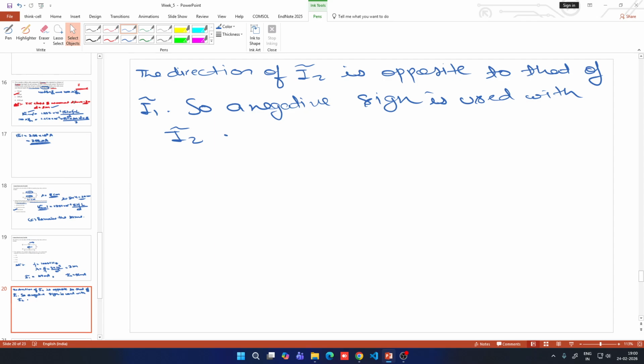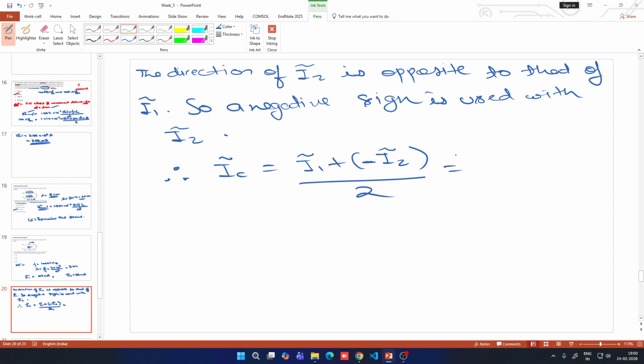Now we know how to find IC, the common mode current, if I1 and I2 are given. It is given by the formula I1 plus I2, and since the direction is opposite, I am putting a negative sign here, divided by 2. When we solve this, we will get 4 milliamperes.